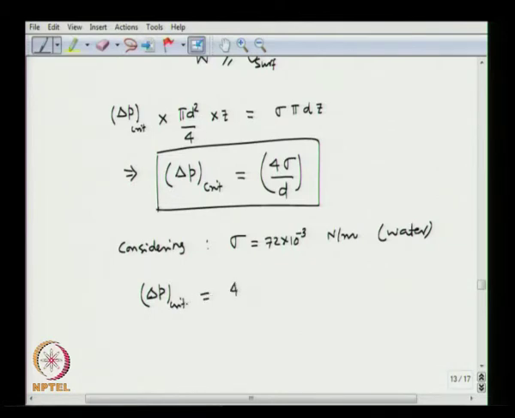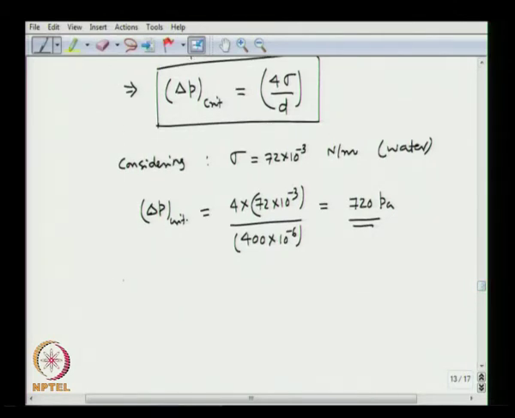That will be 4 into 72 into 10 to the power minus 3 divided by d, where d is 400 micron, given. So, 400 into 10 to the minus 6, so that is going to be 720 Pascal. So, we need minimum 720 Pascal to open the valve.